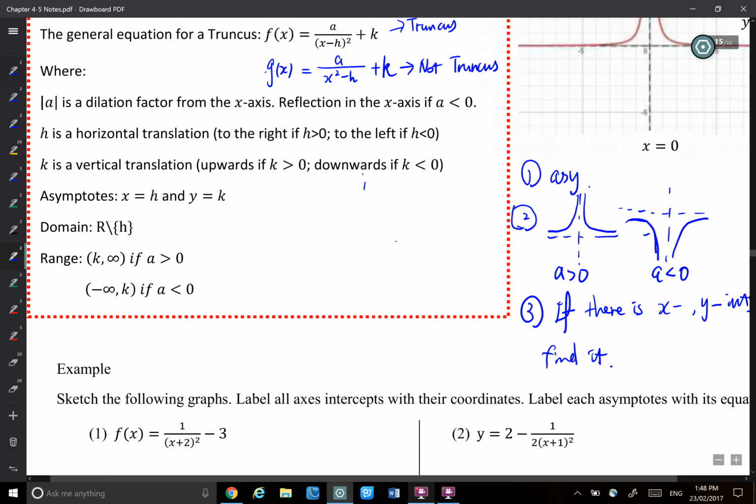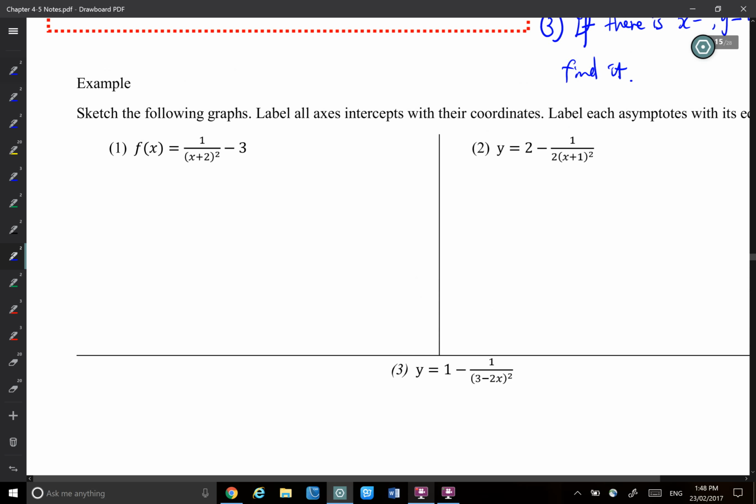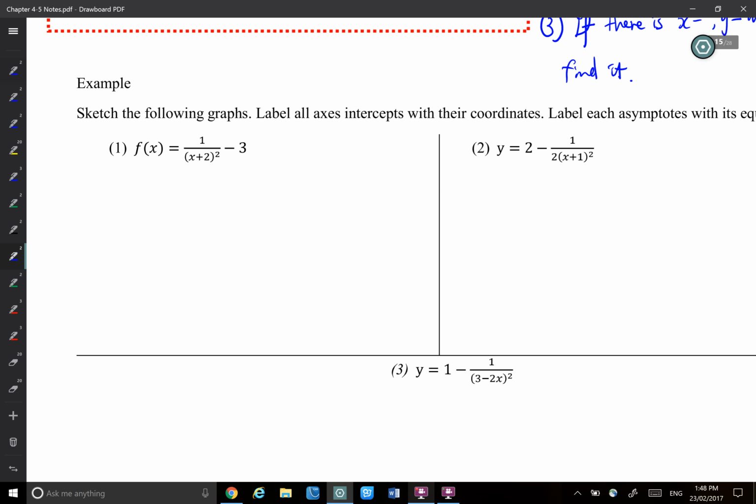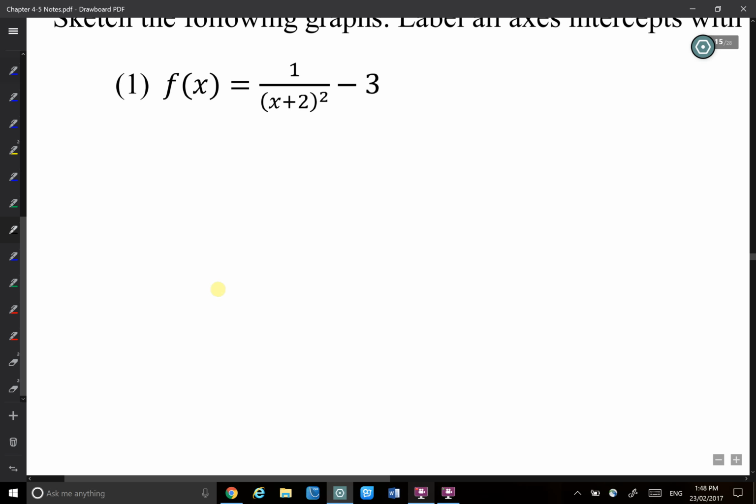Okay, so let's have a look at the questions here. You have f(x) equals that. Let's make it larger. f(x) equals that. So same thing, I want to find asymptotes. I cannot have the denominator equal to 0. So if the denominator equals 0, I will have asymptotes.